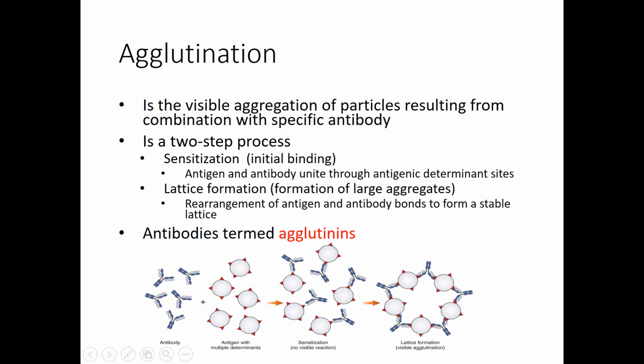Here we go. The second step is the lattice formation. One antibody binds to the epitopes on cells nearby, and that's the lattice formation. That's how we form those large aggregates and large clumps of cells. This forms a stable lattice, and this is what we're going to be able to measure in our test methods.